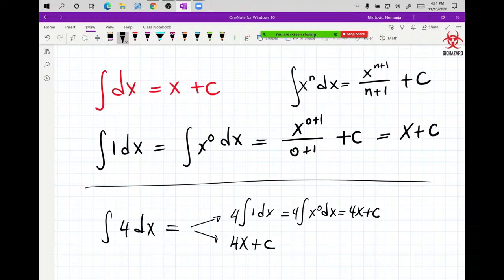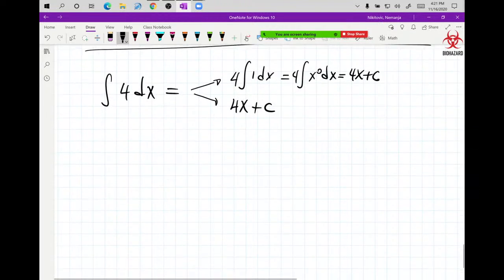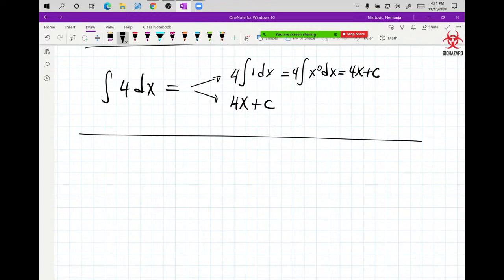So it is important to have these things in order. Integral of 3 over x to the 6 dx. So I'm going to give you a few moments to solve that.